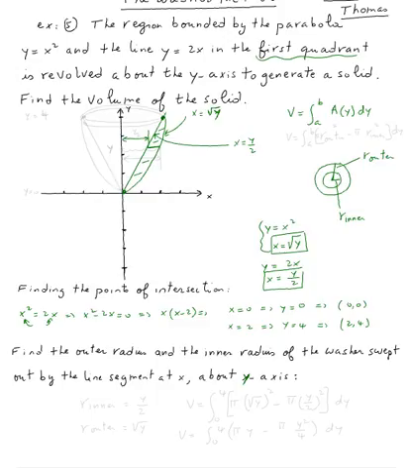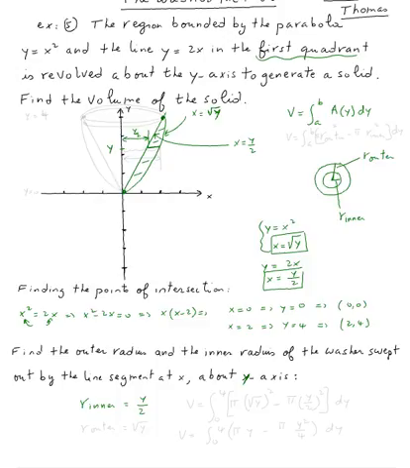In other words, if this is y, then from here to here will be y over 2, because it goes from the y-axis to the curve x equals y over 2. So it's an x value. So the R inner is going to be equal to y over 2.